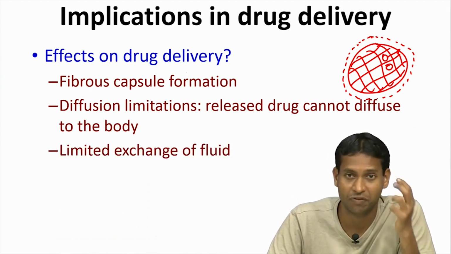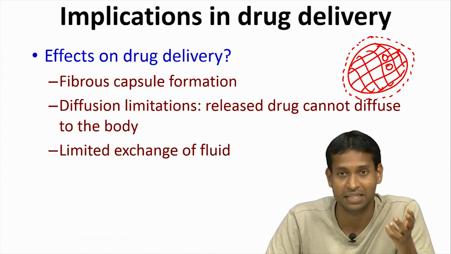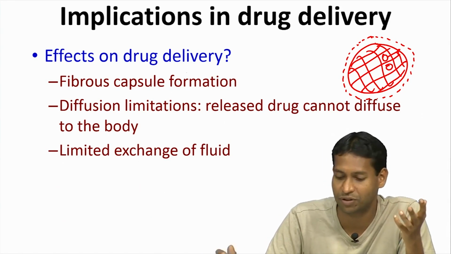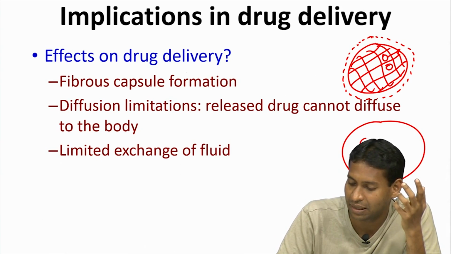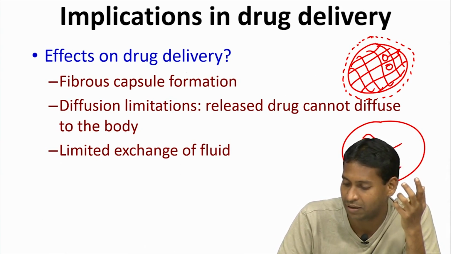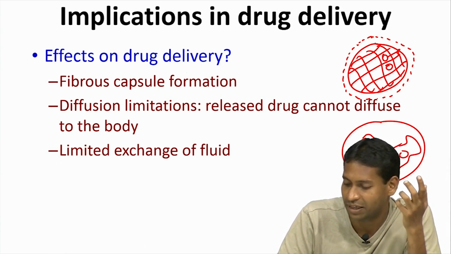You have limited exchange of fluid. Let us say this was carrying cells, so this was used for tissue engineering. Let us say I have this material that is encapsulating cells within it.